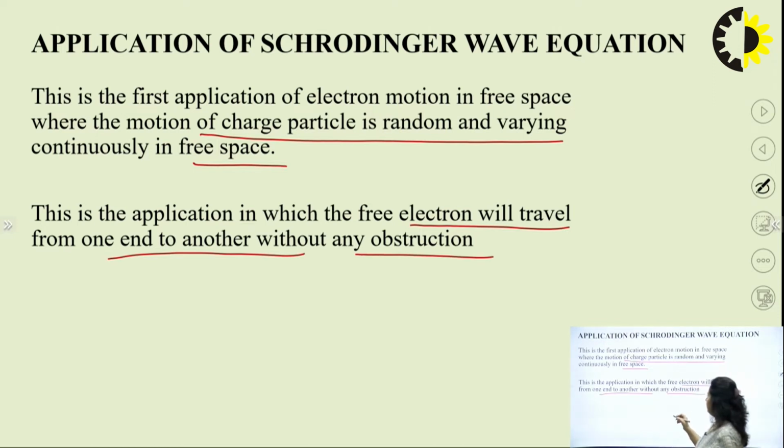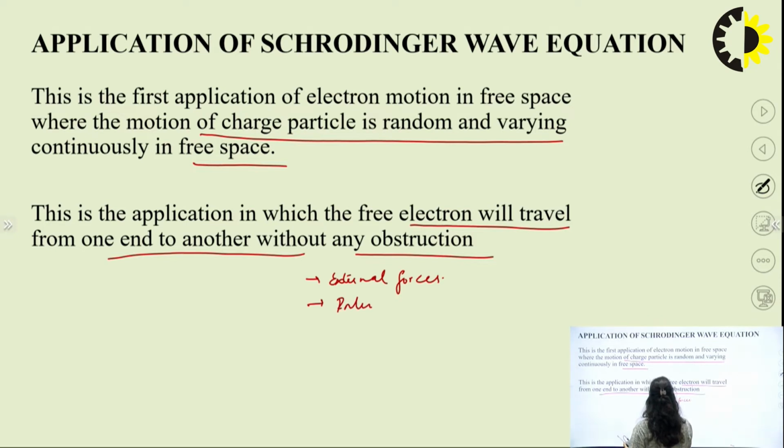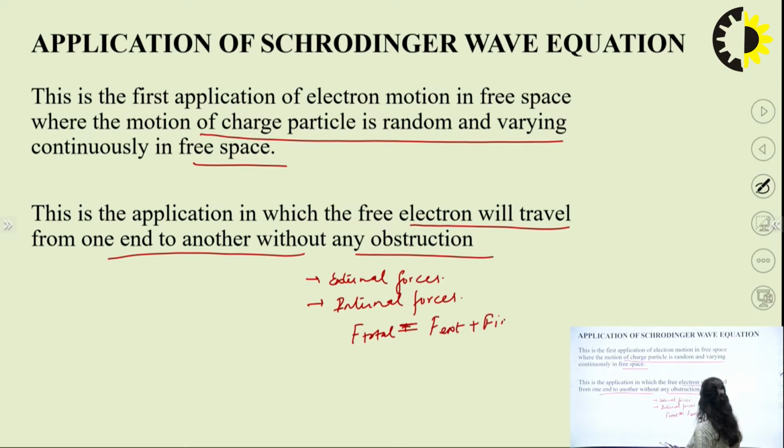Normally there are two types of forces. The first one is the external forces and the second one is the internal forces. So we have two types of forces, and F total is equivalent to F external plus F internal.